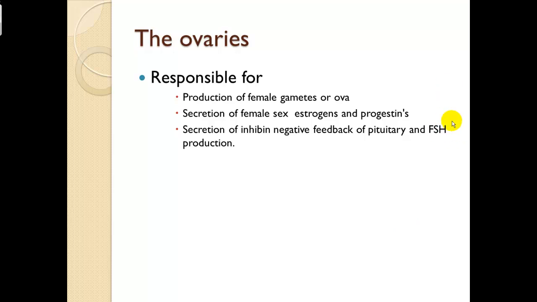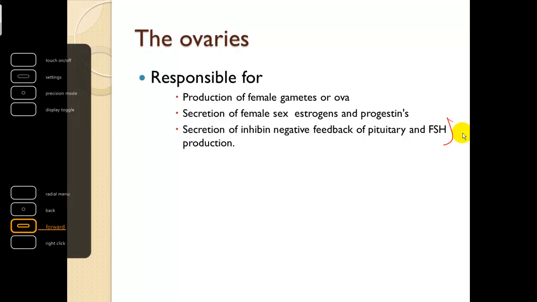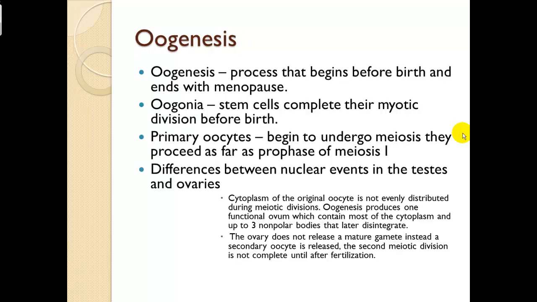And we're going to see that this holds a pretty big role as far as ovulation is concerned, and the adjustment of overall hormones. Oogenesis, and just like in the previous sections when we were talking about spermatogenesis, this would be egg production. Oogenesis is a process that begins before birth and ends with menopause.